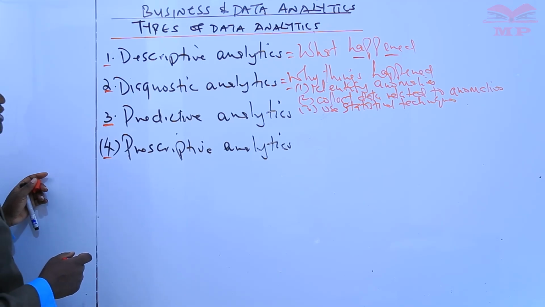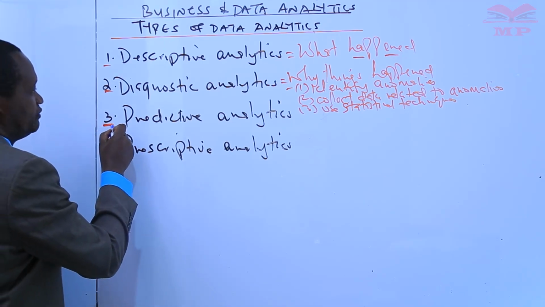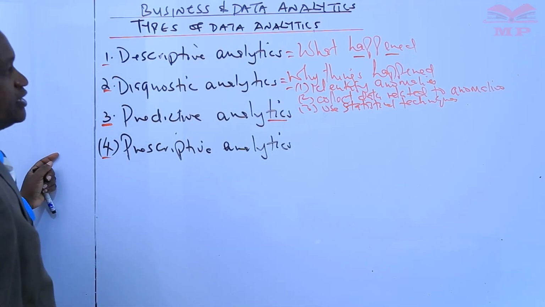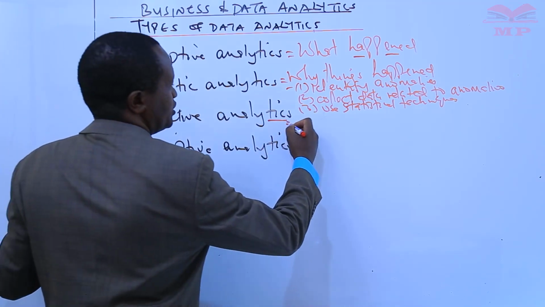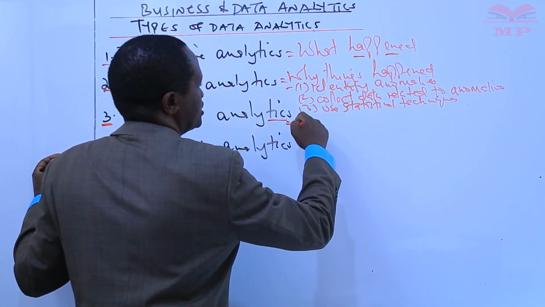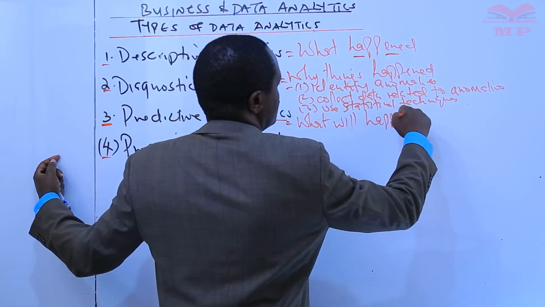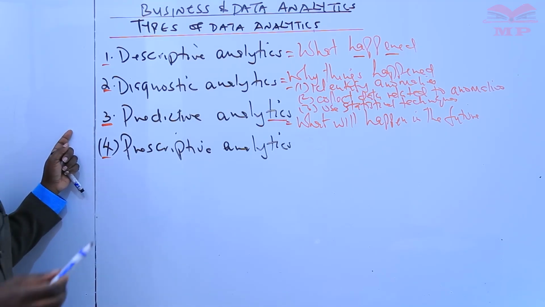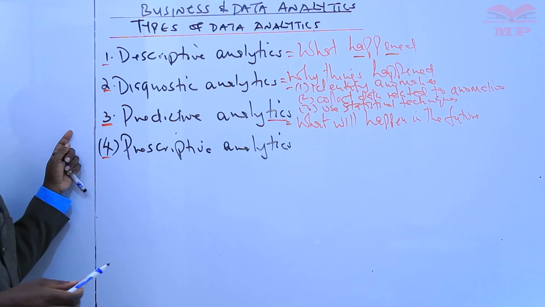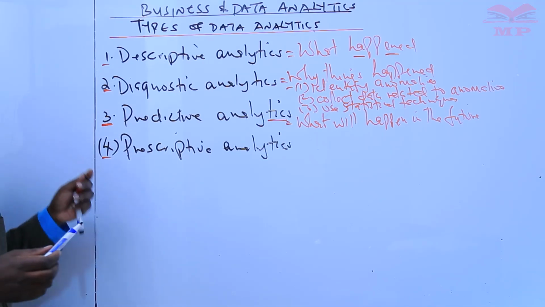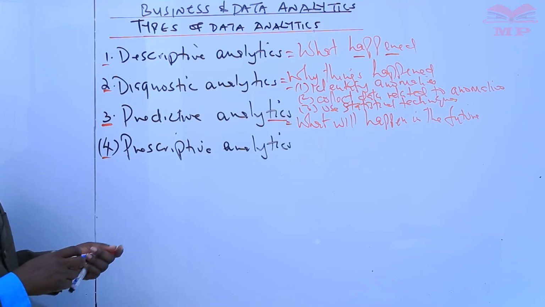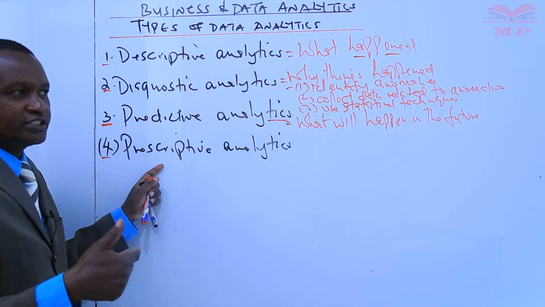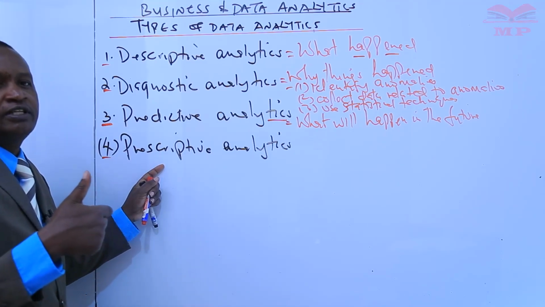The third type of data analytics is predictive analytics. Predictive analytics, on the other hand, helps answer the question, what will happen in the future? The techniques here use historical data to identify trends, then determine if they are likely to recur.